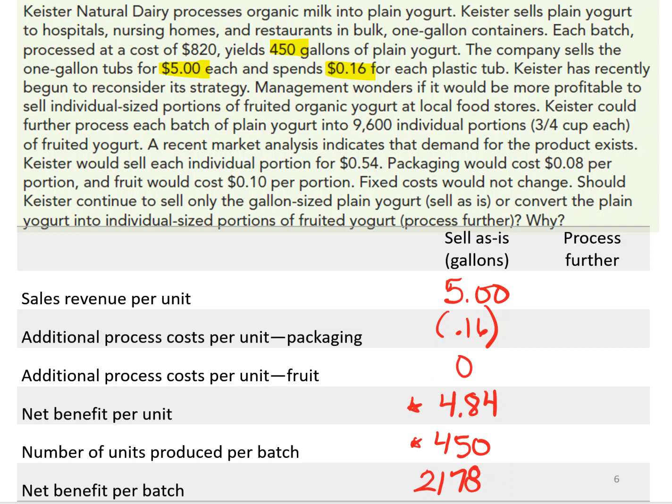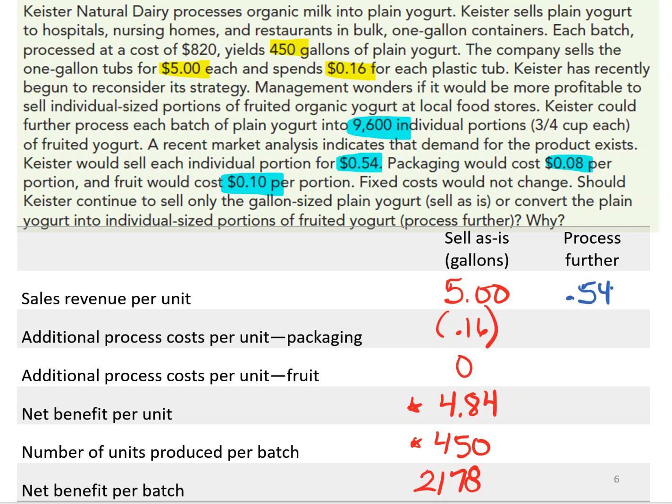Okay, so let's take a look at what happens if they process it further. Well, if they process the item further, they're going to charge 54 cents. It's going to cost them 8 cents in packaging and 10 cents in fruit. And they anticipate they can break that into 9,600 portions. So sales revenue per item would be 54 cents.